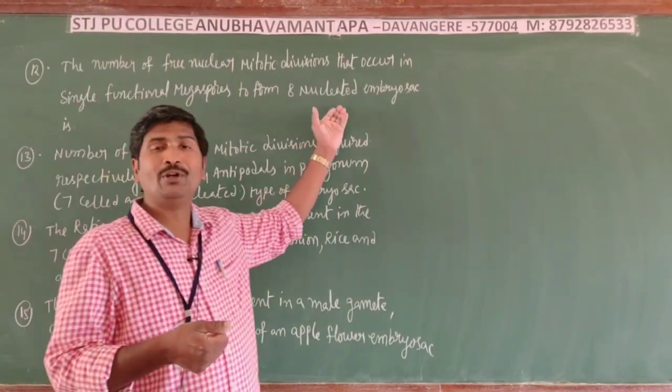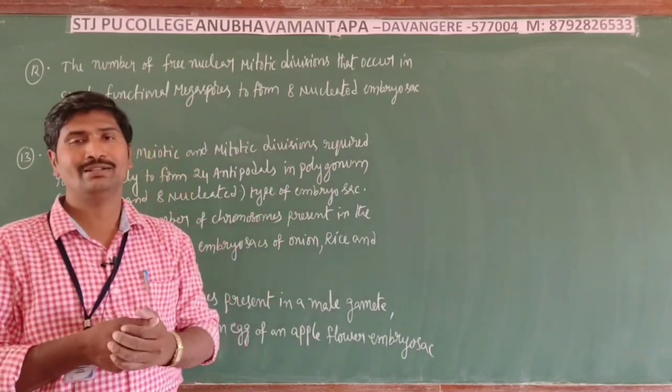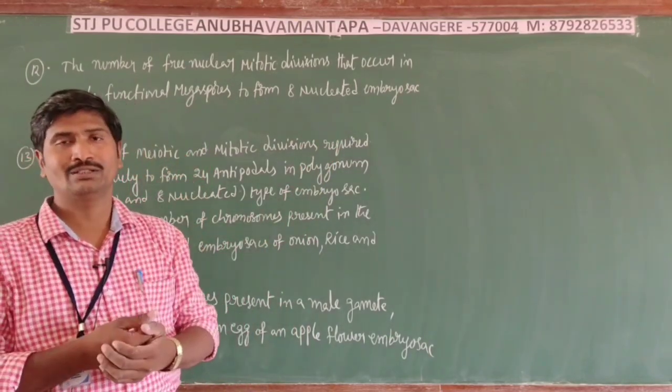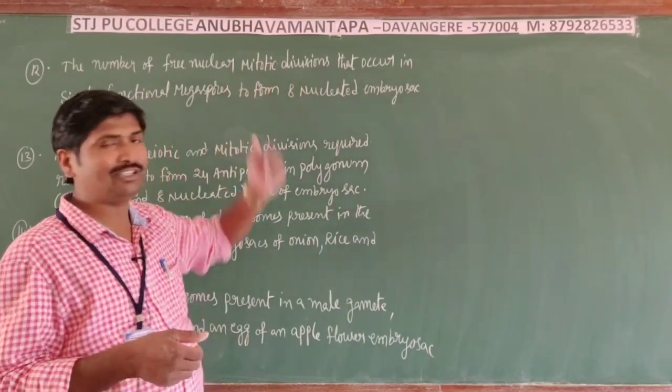The total number of cells or nuclei minus 1 is equal to the total number of mitotic divisions.